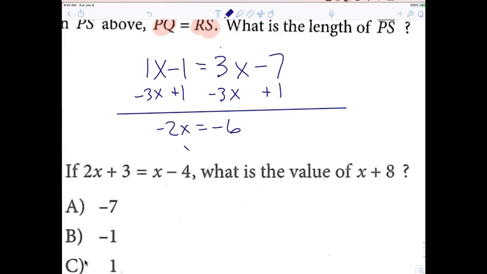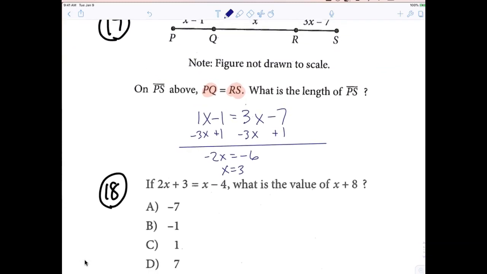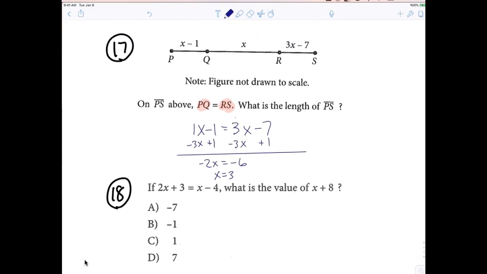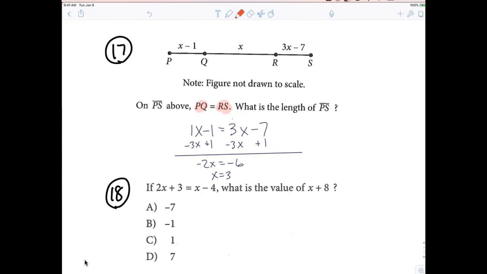Perfect. Now, I don't know if that's the answer because we've got to read the question. What's the question? Right, so now I want you to go up to the top where it says, this is PS. Do you agree? So that's not the answer. 3 is not the answer, right? So what is PQ? What's length PQ going to be?